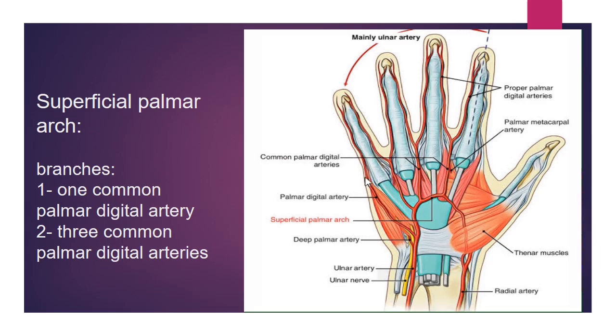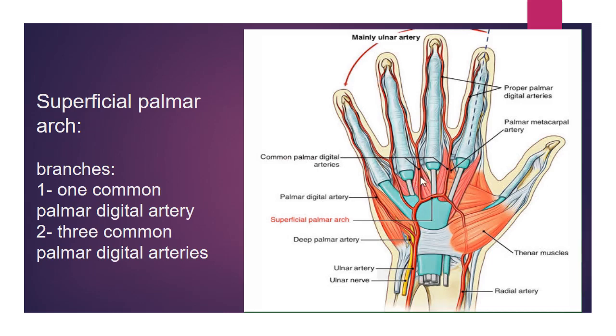In this way, these branches of the superficial palmar arch, as you can see here, they supply the medial 3.5 fingers, 1, 2, 3 complete fingers and half of the index finger, medial side of the index finger. These medial 3.5 fingers are supplied by this superficial palmar arch.